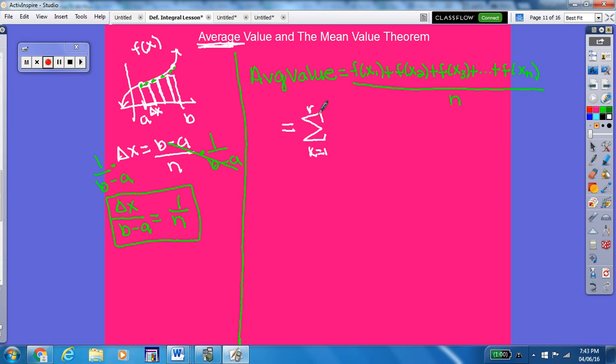We're going to go to the nth one, depending on how many we have. And instead of writing f of x sub 1, we just put f of x sub n, because it's however many we have, you add them up. And we divide that by n.